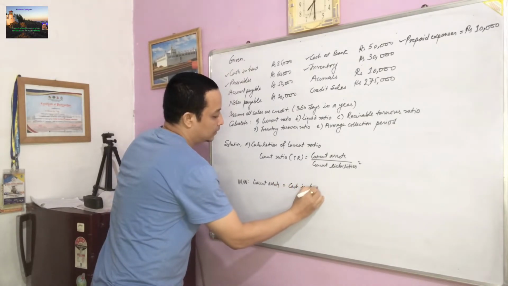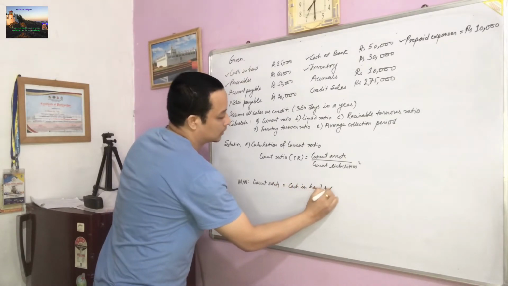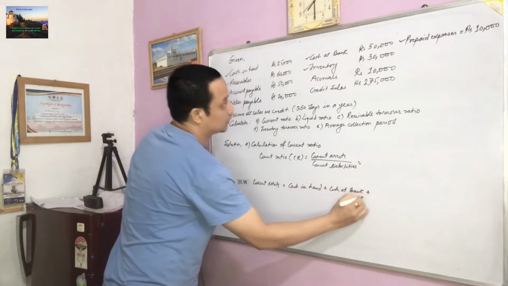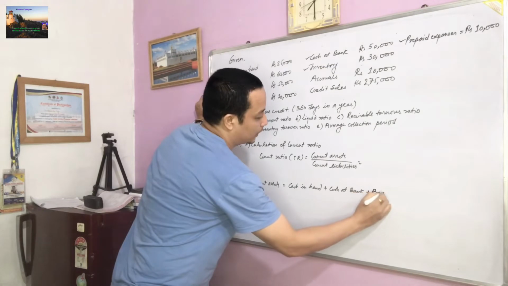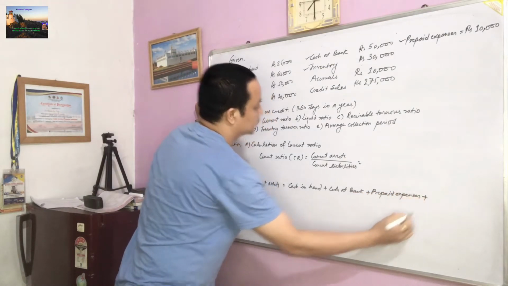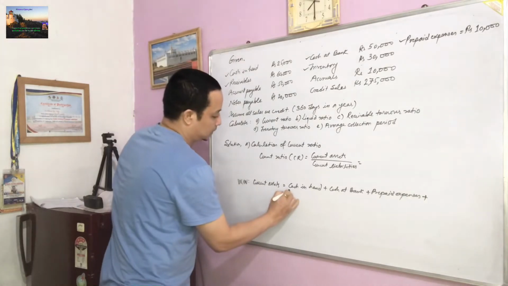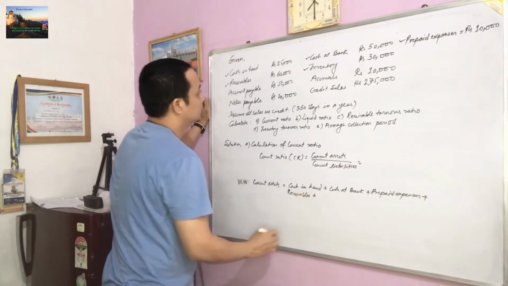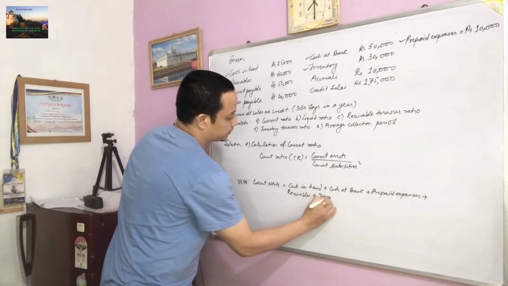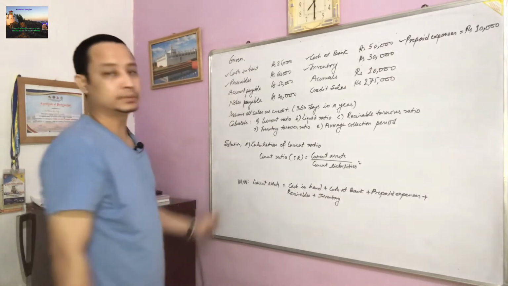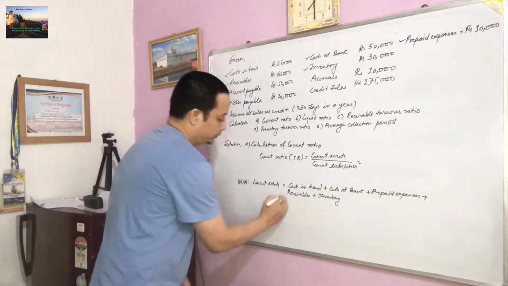Cash in hand plus cash at bank plus prepaid expenses plus receivables plus inventory. So these are the items which you have to add.